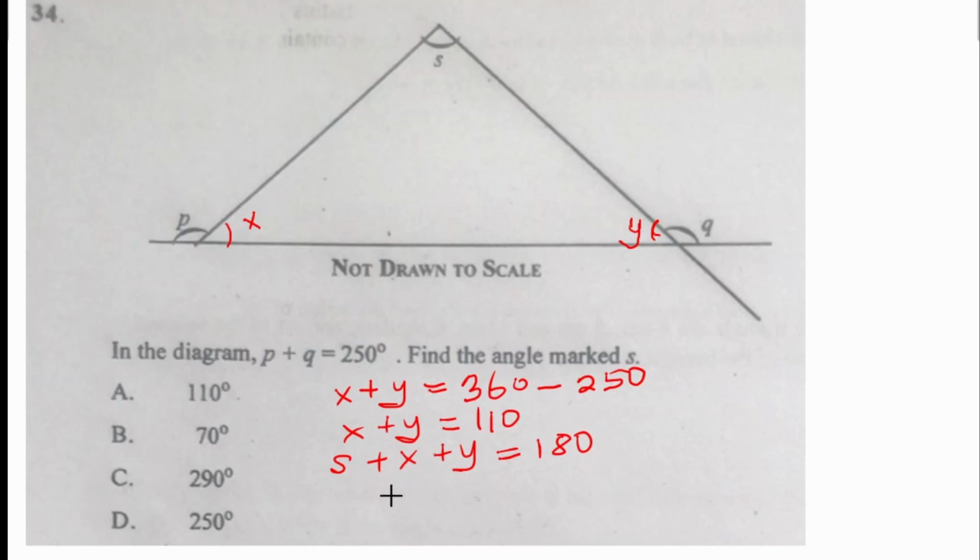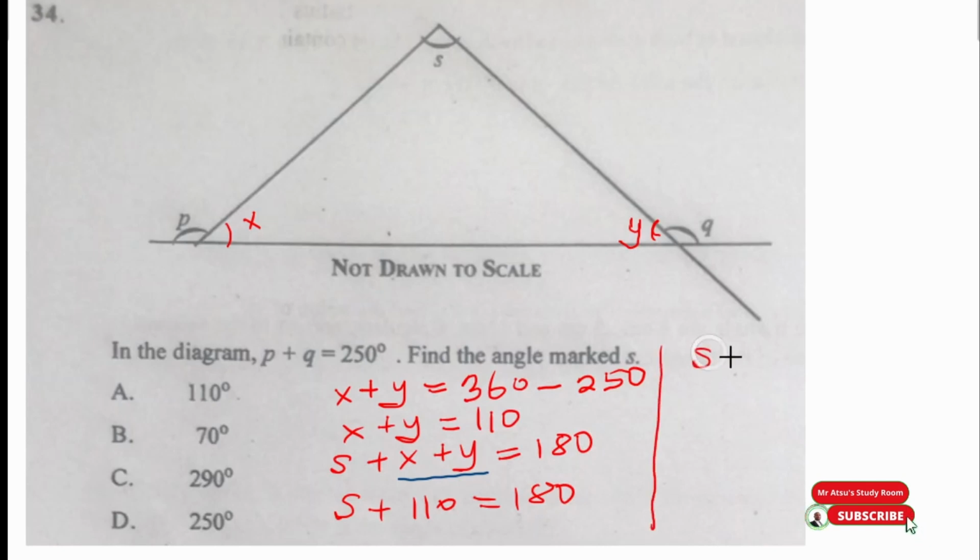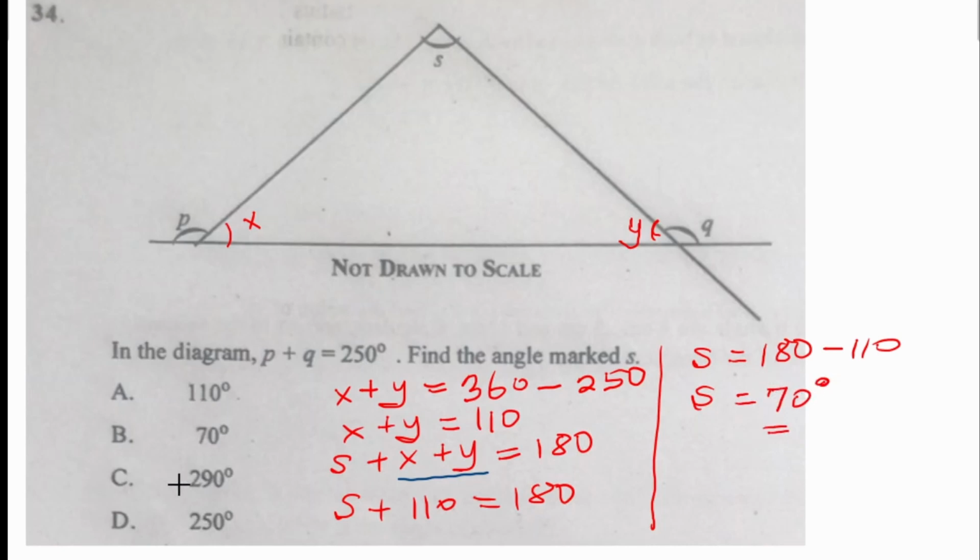Now we know that x plus y equals 110, so we'll substitute that here, and our equation becomes S plus 110 equals 180, and then S will be equal to 180 minus 110, and S will be equal to 70 degrees, and that is option B.